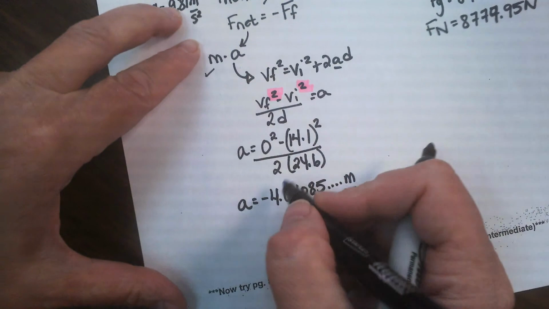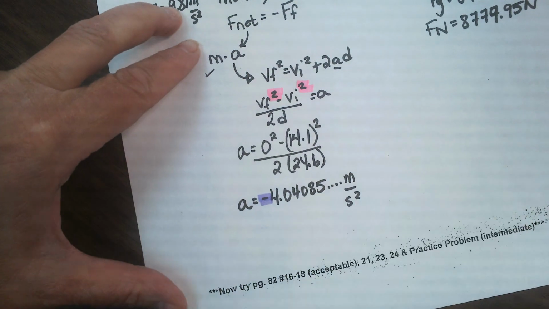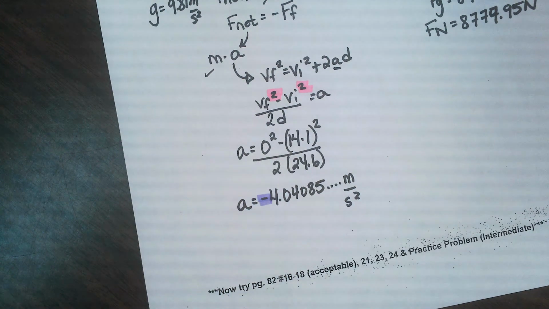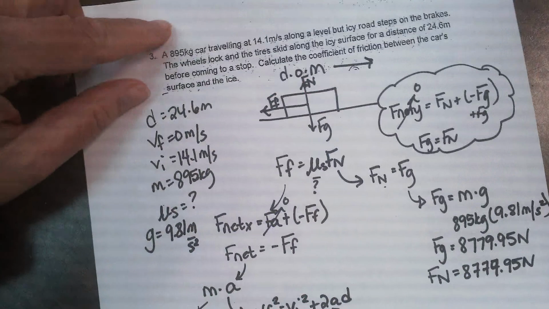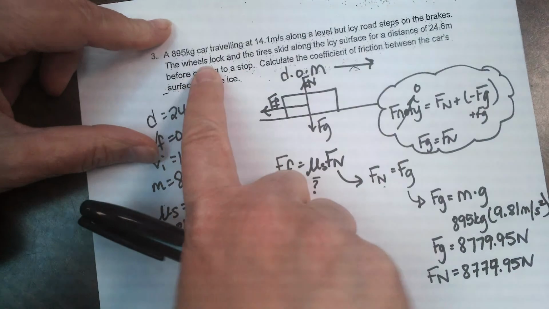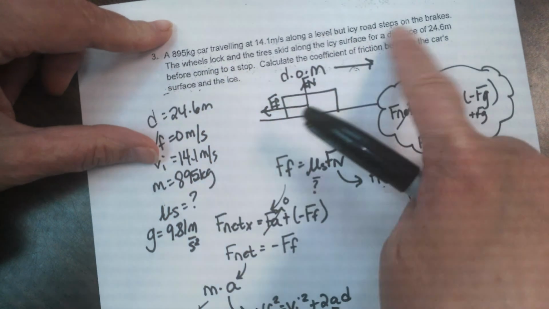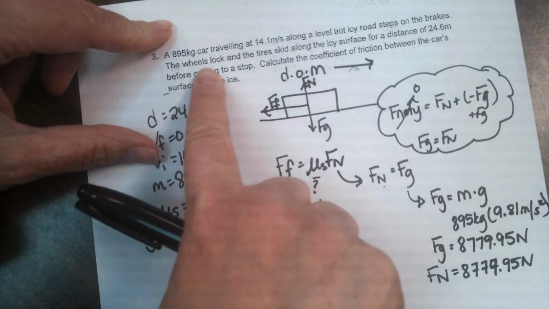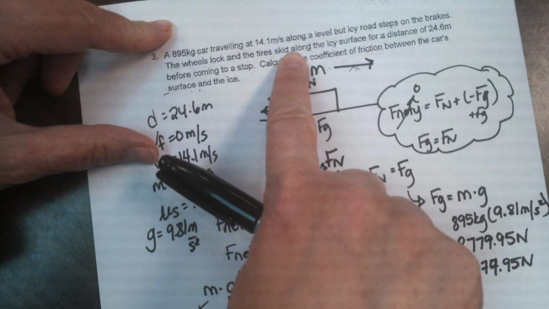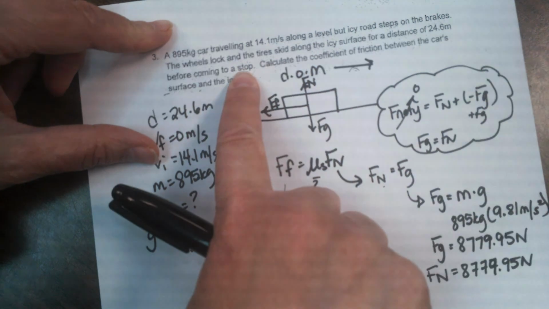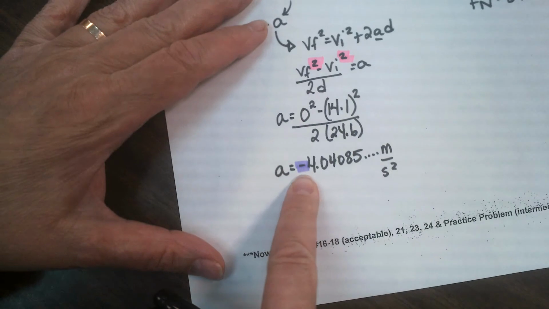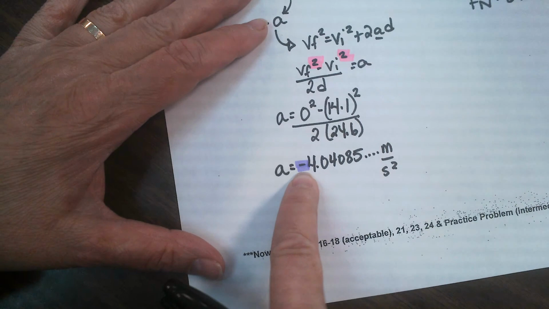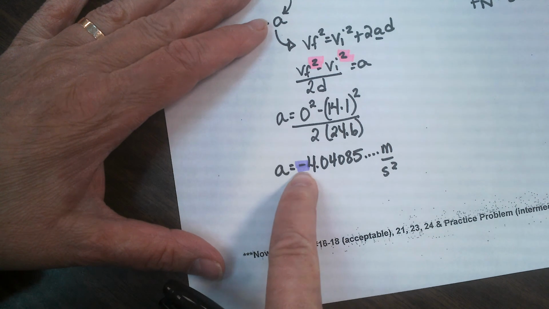Please note this negative sign. Does that negative sign make sense? Absolutely. Because the wheels lock, the vehicle steps on the brakes, the wheels lock, and the tires skid along before coming to a stop. That is deceleration.